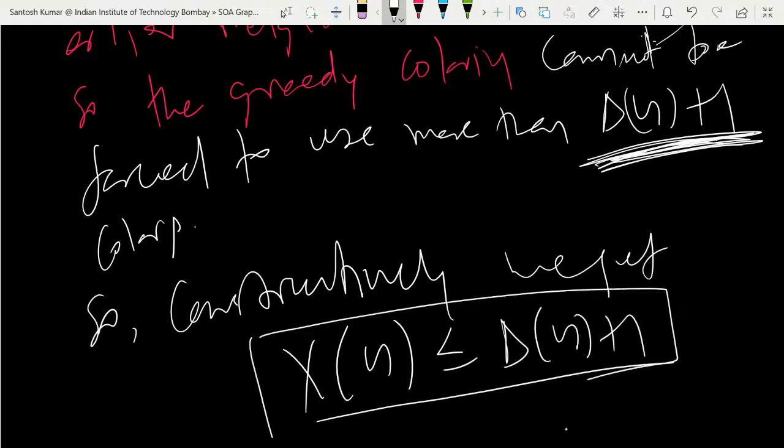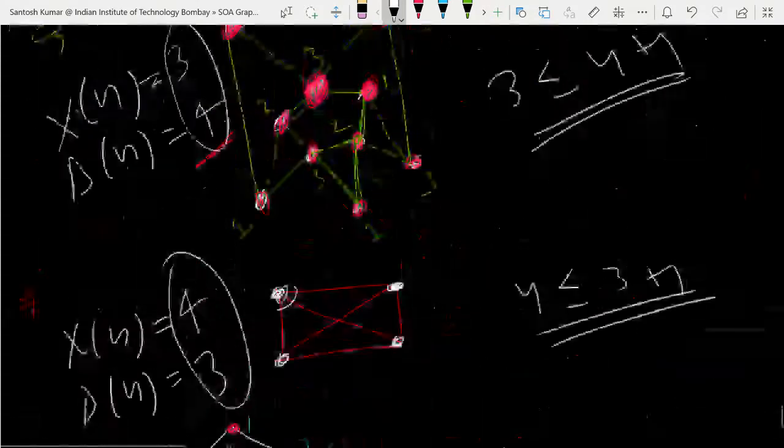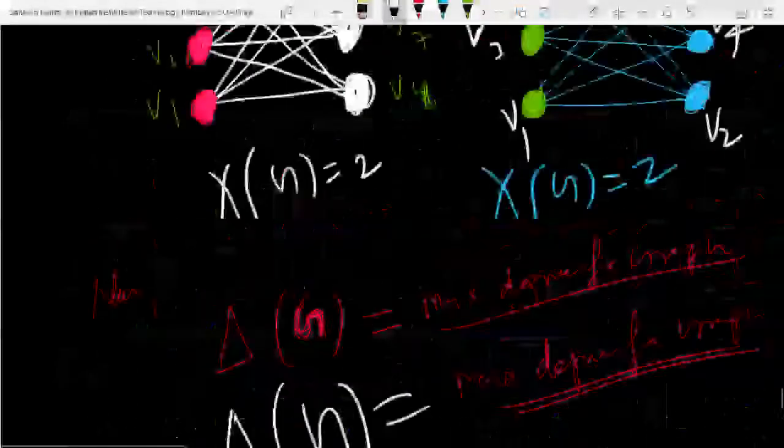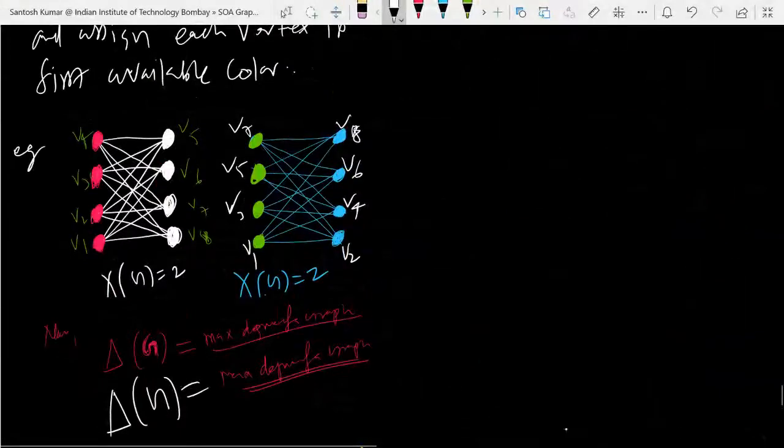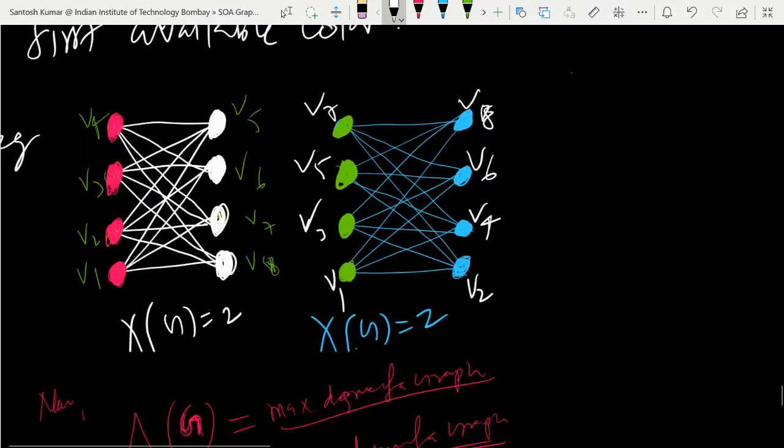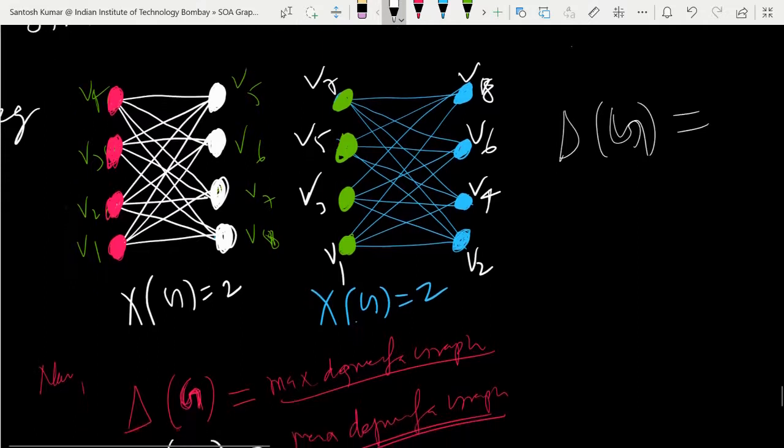We did one example for that, so you can check it. Look here, in the graph you ordered. What is the degree of this graph? Four, sir. Yes, it is 4.